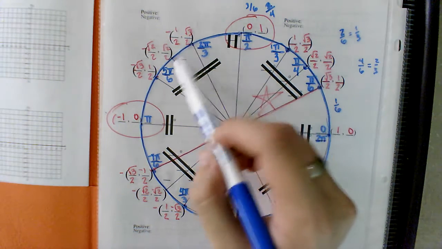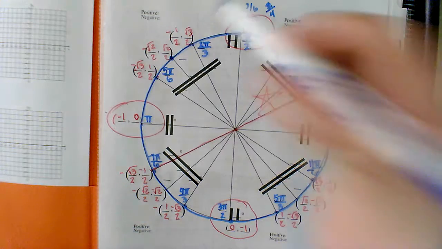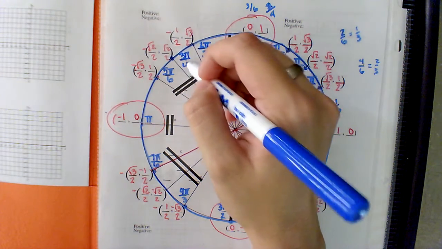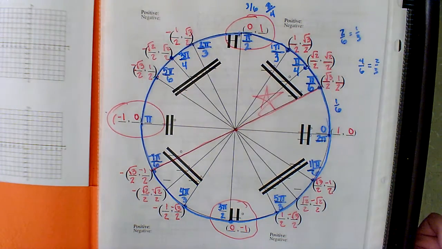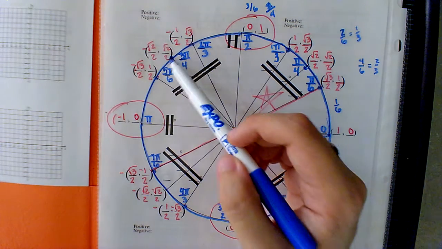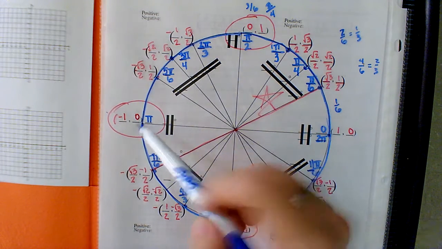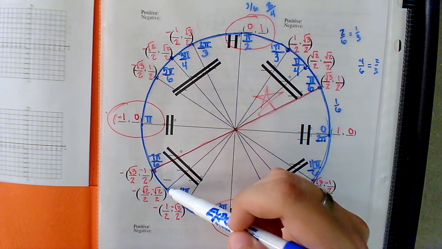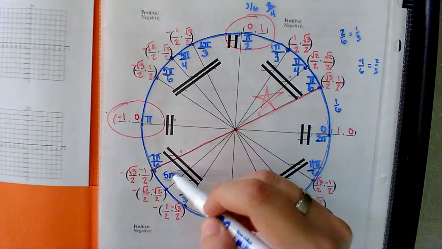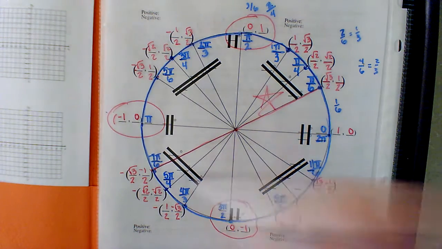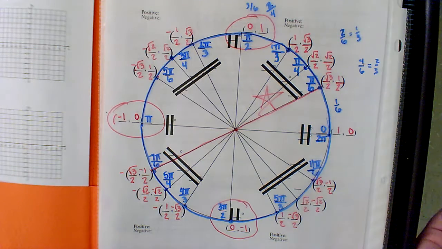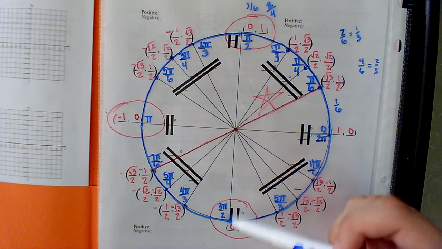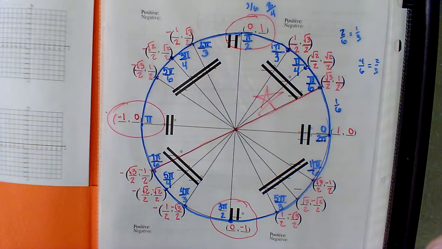If we go another section, that would be 3 out of the 4. So that's 3 pi over 4. Another section would be 4 pi over 4, but that's the same as 1. Another section, we would have 5 pi over 4. That doesn't simplify. Another section, we've had 6 pi over 4, but that's the same as 3 over 2, so we're good there.